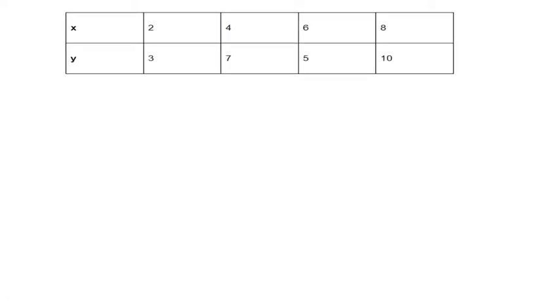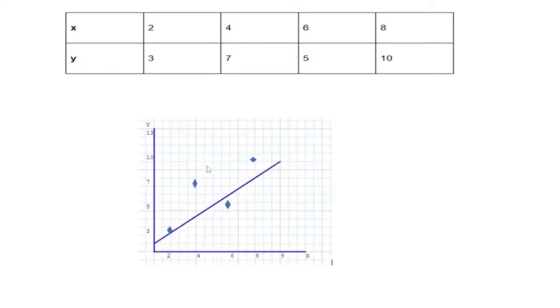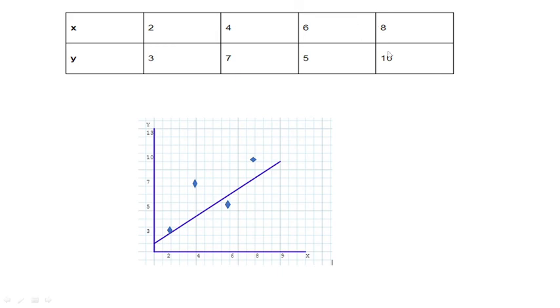Let's take another example. Here we have x and y values, and when we plot it, our data looks like this. Here we should find the m and c values. We take the points as p1 and p2, which are 4, 7 and 6, 5, based upon the data we have.